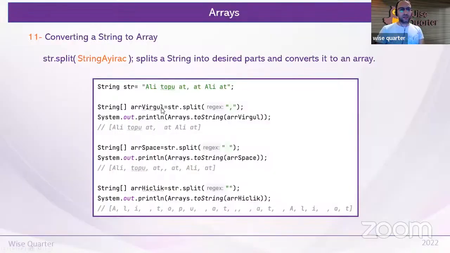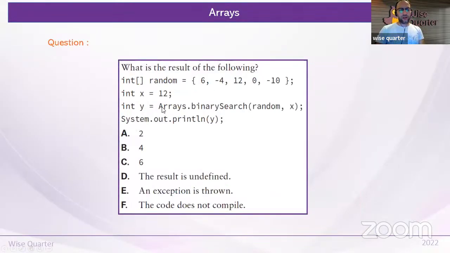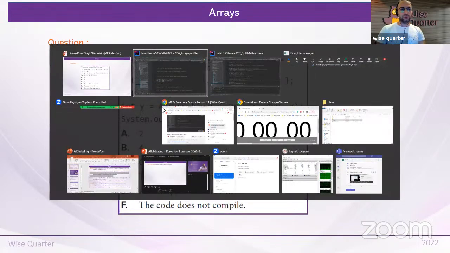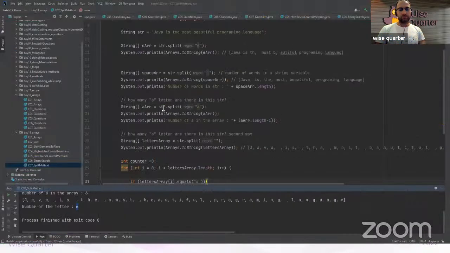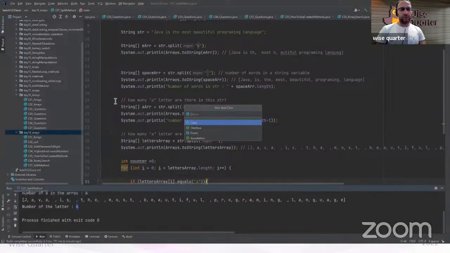Let's go back to the slide. Oh, we have the questions. Okay, before the questions, I want to solve a few questions to be ready for those questions. I told you a lot of times that we cannot add new elements to array. Adding a new element to array.